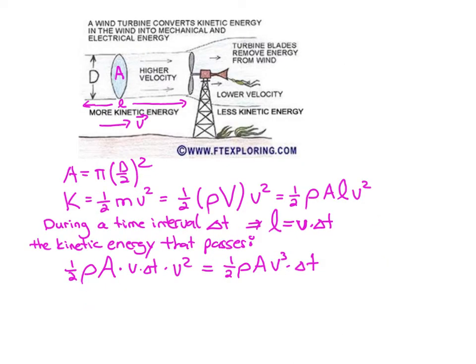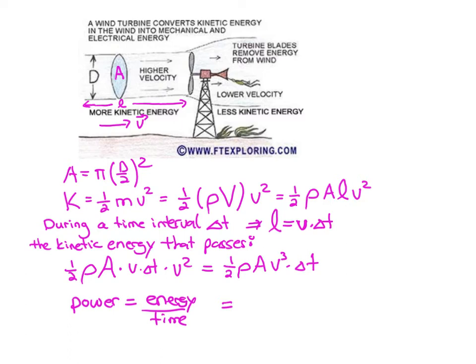And I'm ultimately interested in calculating the amount of power that can be generated. So power, that's the rate at which energy is being consumed, and power is just an energy divided by a time. So the power in this case that can be delivered, I just have to divide the amount of energy that passes by delta t.